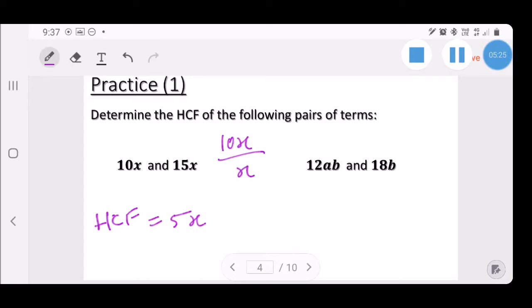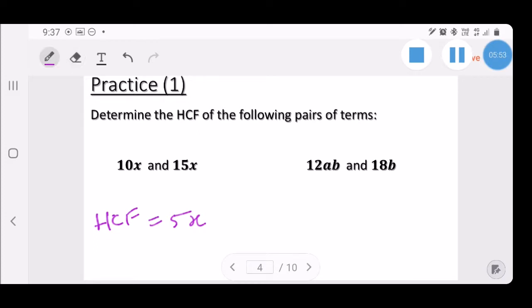Will x to the power of 1 divide into 10x? Yep, because they cancel out. Will x to the power of 1 divide into 15x? Yep, because they cancel out. So that means that x to the power of 1 is the part of the highest common factor that involves variables, okay?